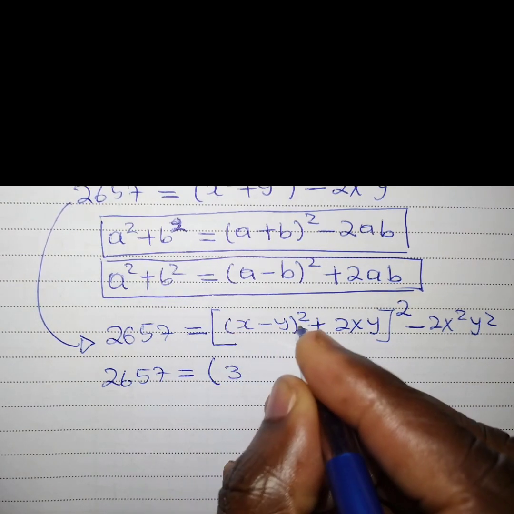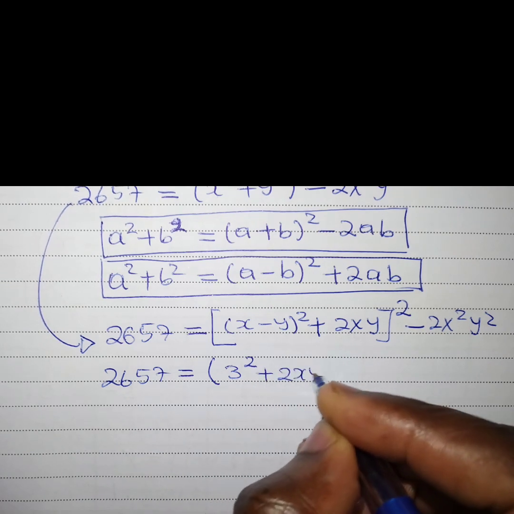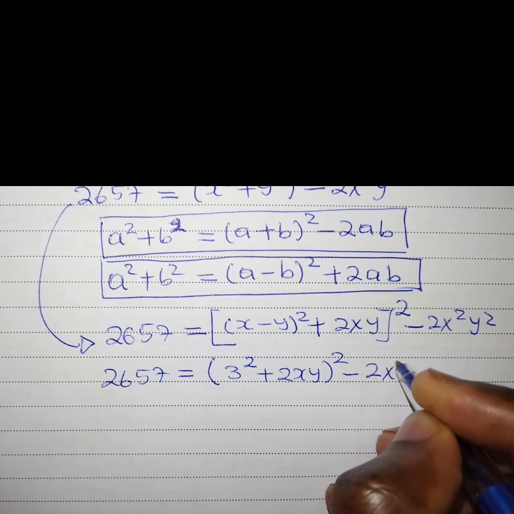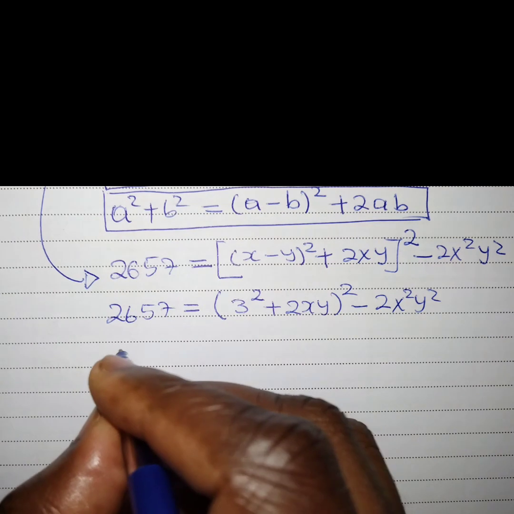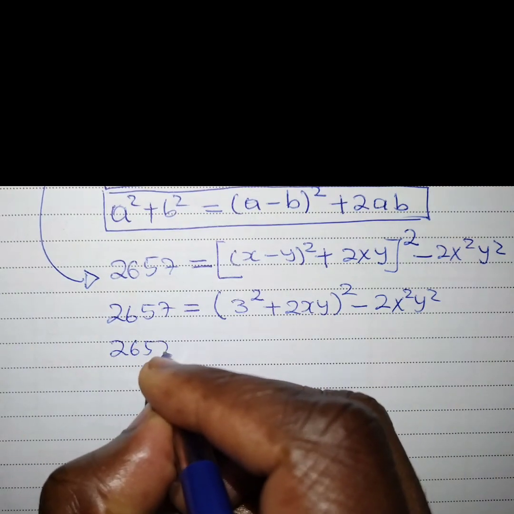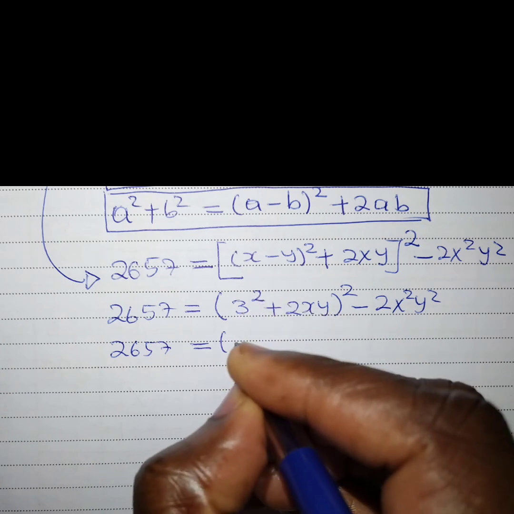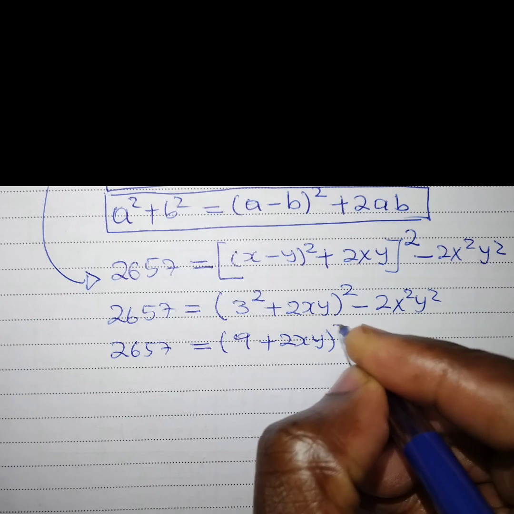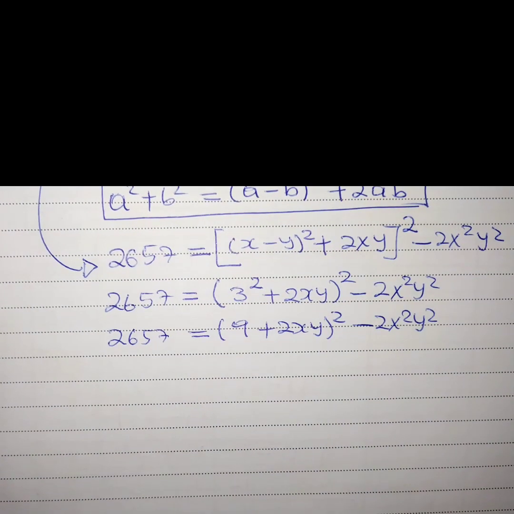So we have 3 raised to the power 2 plus 2xy, everything raised to the power 2, minus 2x squared y squared. Then 2657 equals 3 raised to the power 2 is 9, plus 2xy raised to the power 2, minus 2x squared y squared.